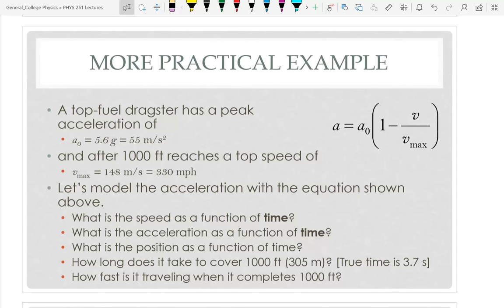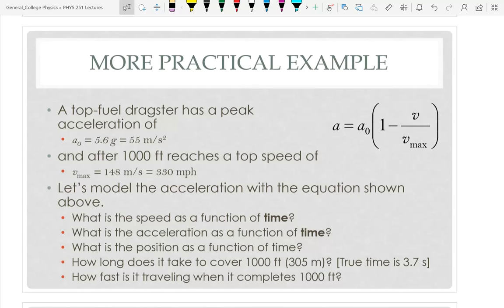So using that approximation, what's the speed as a function of time? You look at that and you're like, dude, there's no time in that equation. Why are you asking me for the speed as a function of time when there's no time? Seems reasonable to question, right?